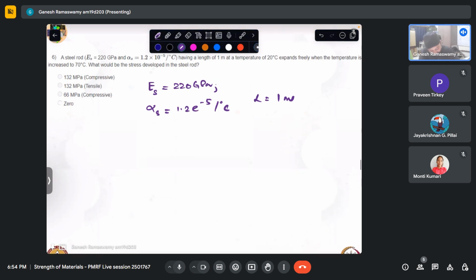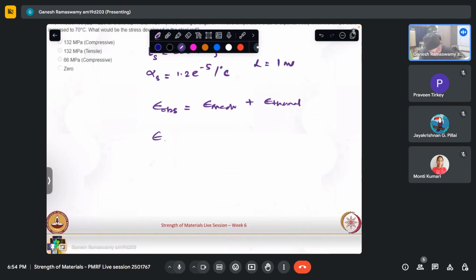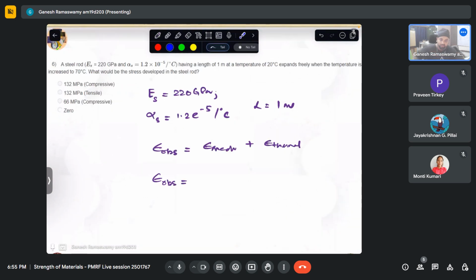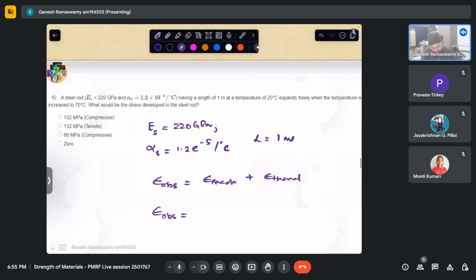We know that the observable strain is the sum of the mechanical strain and the thermal strain. Since this is a free expansion, whatever is the thermal strain is what we are observing. So the mechanical strains go to zero, and consequently the mechanical stresses also go to zero.